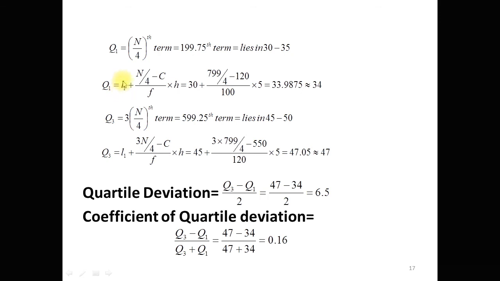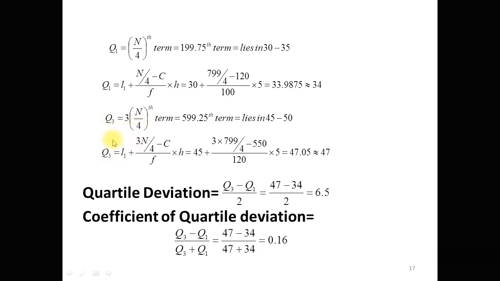For Q1 we use L plus n by 4 minus c, divided by f, multiplied by h. Here L is the lower limit of the class in which Q1 lies, n by 4 is the position of Q1, c is the previous cumulative frequency of the class in which Q1 lies, f is the given frequency of that class, and h is the step size of the class.